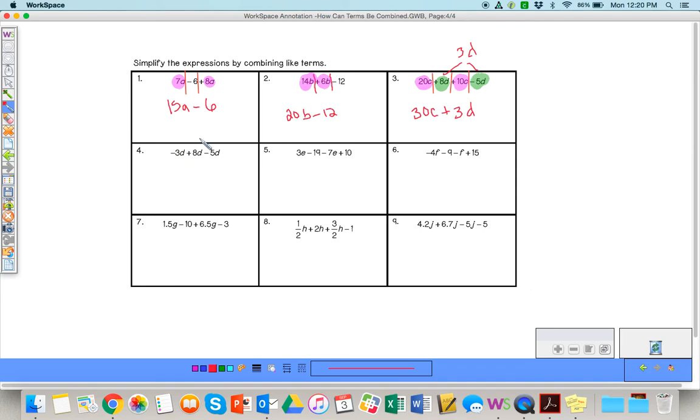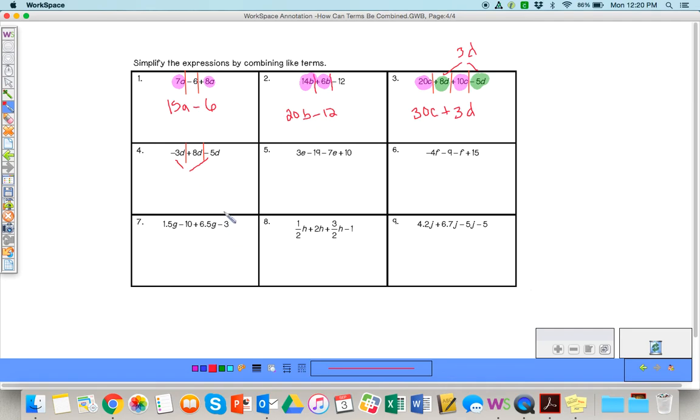The reason I wanted to do this one with you is because it's a little bit different. So all of these are like terms, okay? -3d, okay, we're going to draw our little fence posts. -3d plus 8d plus 5d. So if you remember when we were doing adding integers and adding more than one number together, I start with the ones that have the same sign.